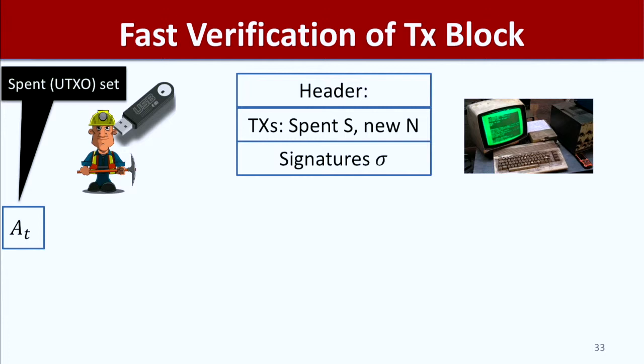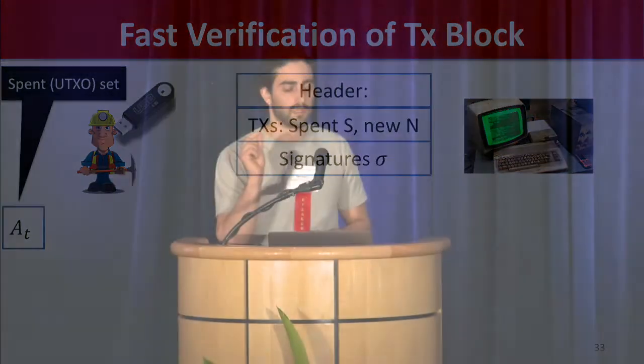And in verifying a block of transactions, the only thing that they really need to do is to verify that all the items in S in the block of transactions are actually contained in the UTXO set that is committed to in A_T. And the operations that they then need to do are also to batch delete all of the now consumed coins S from the accumulator.